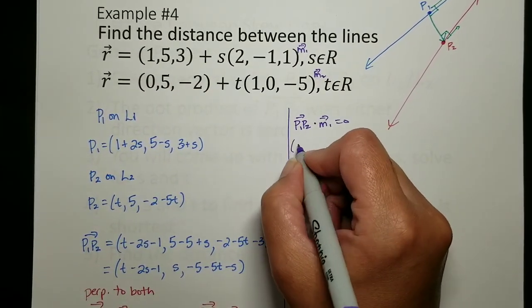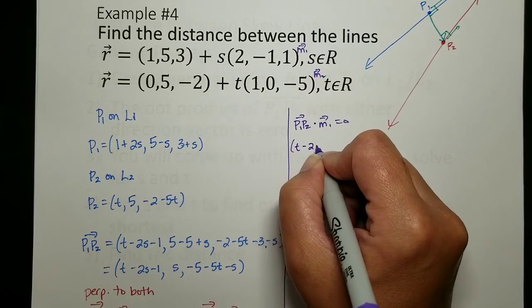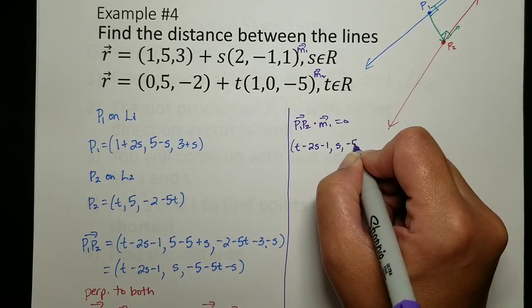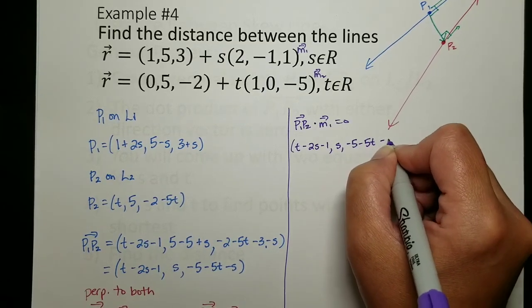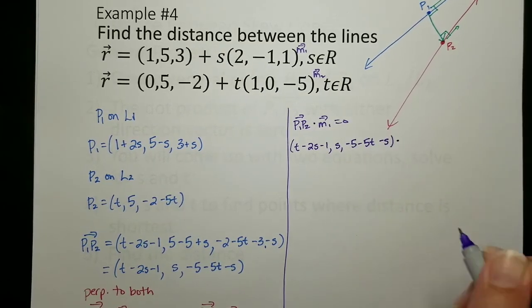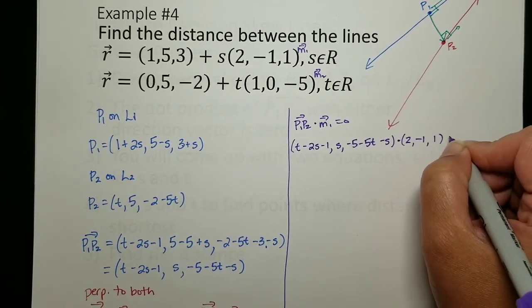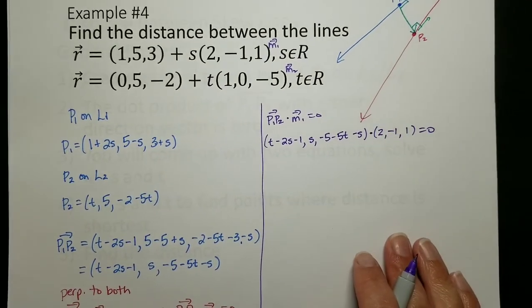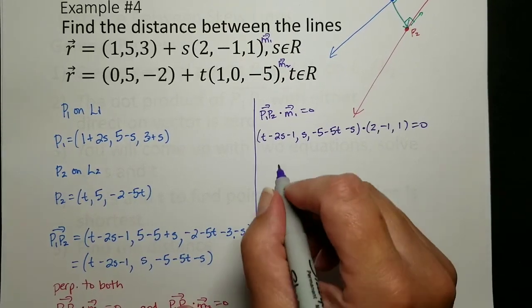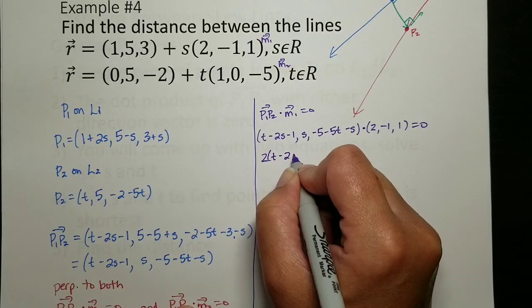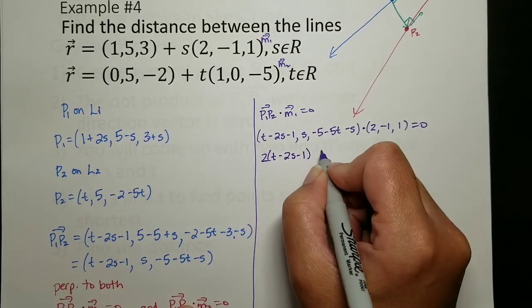So P1, P2 is T minus 2S minus 1, S, negative 5 minus 5T minus S. And I'm going to do the dot product of that with 2, negative 1, 1. And I know that it has to equal 0 because it's going to be perpendicular. So just doing some algebra here with the dot product.